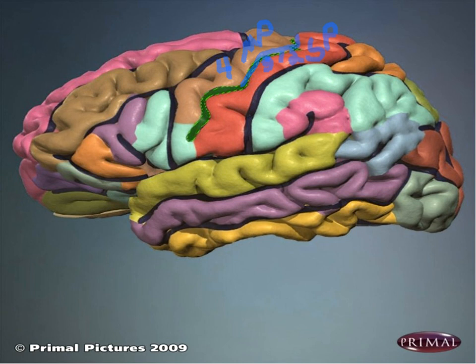The homunculus hangs upside down on that area as well, but it's responsible for all sensory information coming into the body. That's where the information is received. It's not where it's interpreted, but it is where it is received. But what divides the primary sensory cortex from the primary motor cortex? The fissure of Rolando, or the central sulcus.